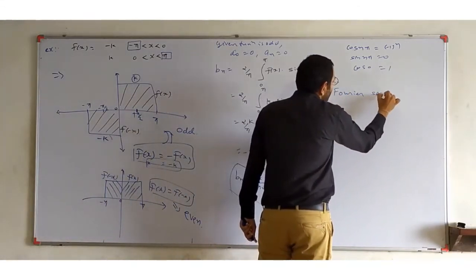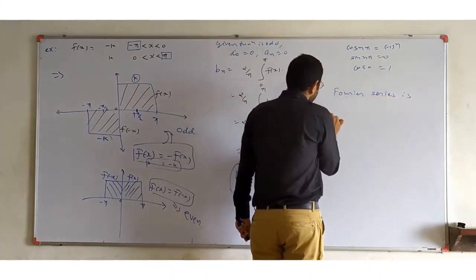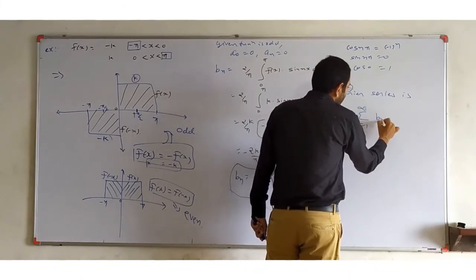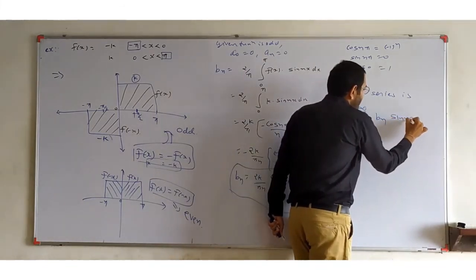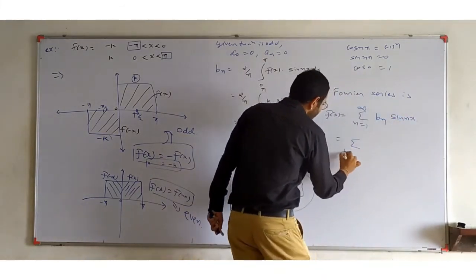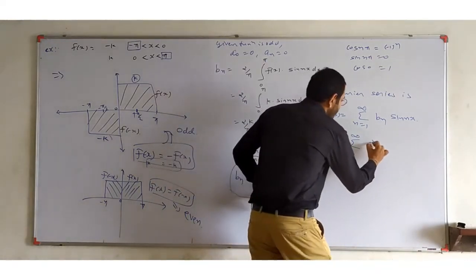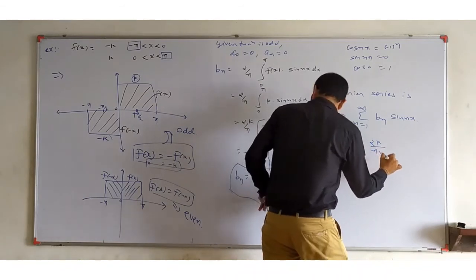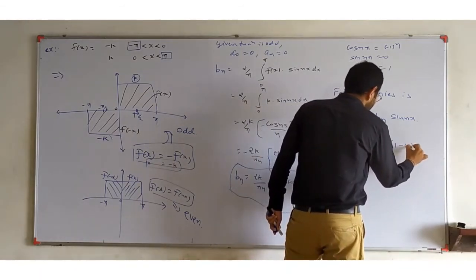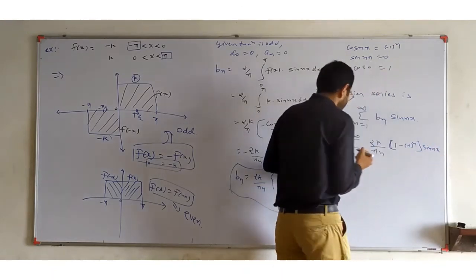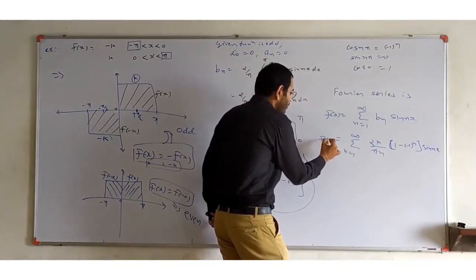The Fourier series is f of x equal to summation n equal to 1 to infinity of bn sin nx, that is, 2k by pi n times 1 minus 1 raised to n into sin nx. That is our Fourier series.